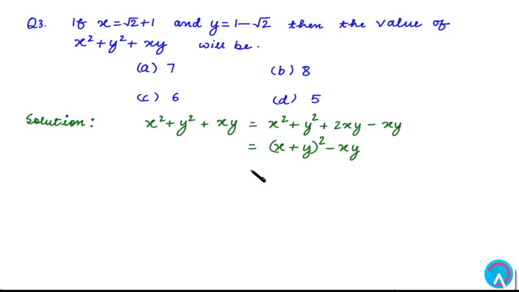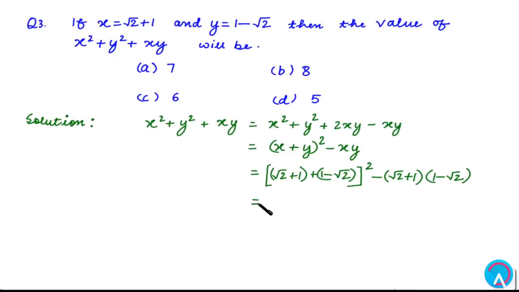So this will be equal to, in place of x we can write root 2 plus 1, and here in place of y we can write 1 minus root 2. So this is 1 minus root 2, closing the bracket, and here we will have a square minus x multiplied by y, that means root 2 plus 1 multiplied with 1 minus root 2.